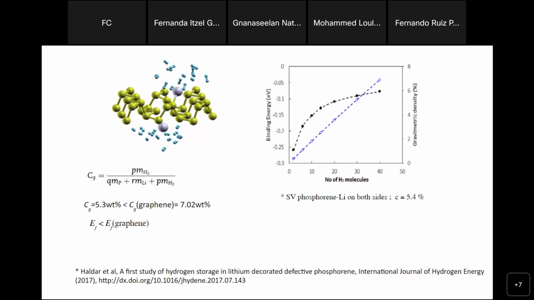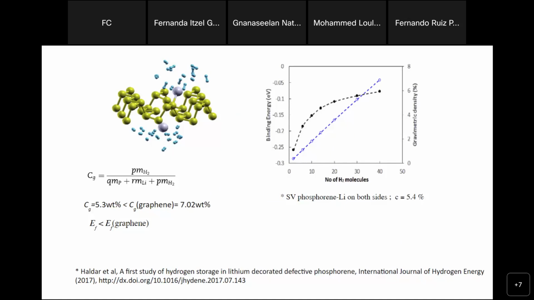It is a high value that meets the values required by the Department of Energy, but it is less than the gravimetric capacity obtained within the decorated defective graphene.